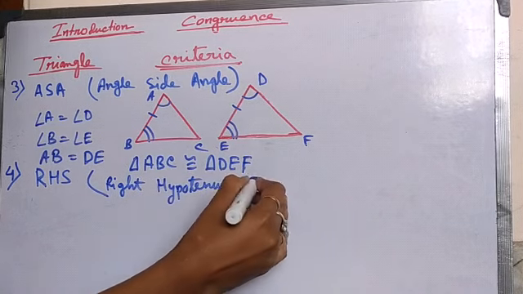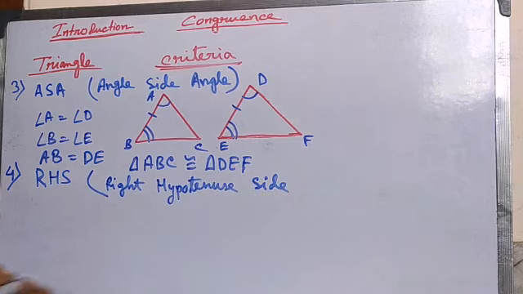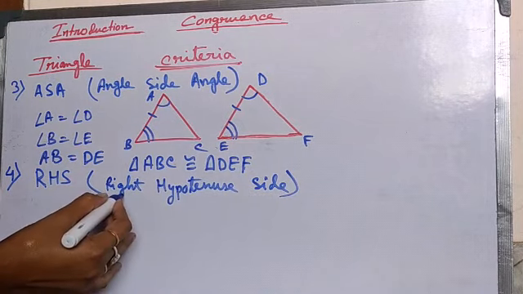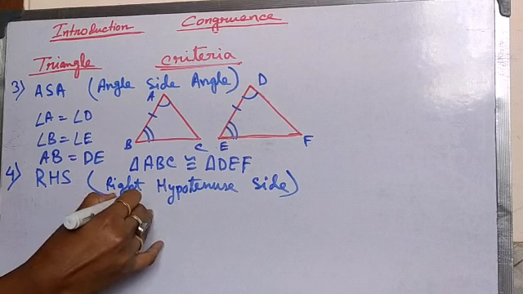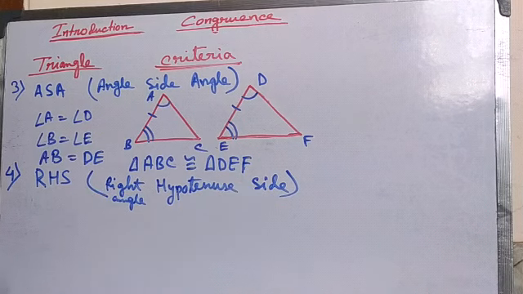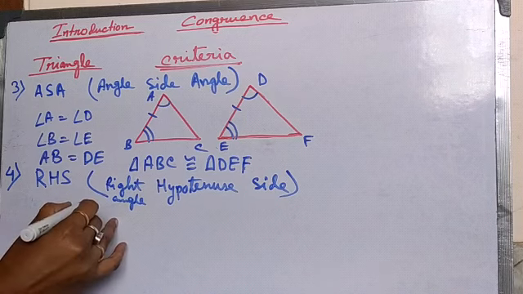S means any one side. So right angle, hypotenuse and any one side. If these are equal for two triangles, then we can say the two triangles are congruent by the RHS rule. Suppose, let's show the figure.